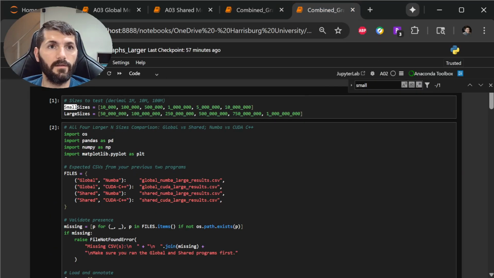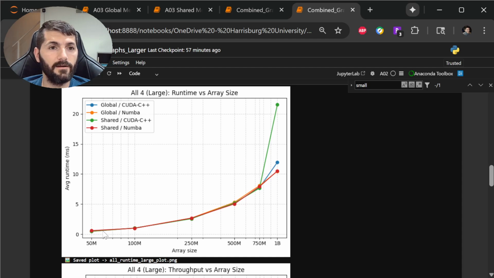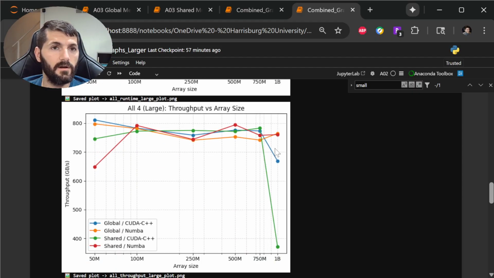Okay, we're looking at the large sizes. There's 50 million to a billion. You can see here, very consistent average runtime for everything. That crash, of course, here at the end, a little bit higher for global, but shared was definitely a lot worse.